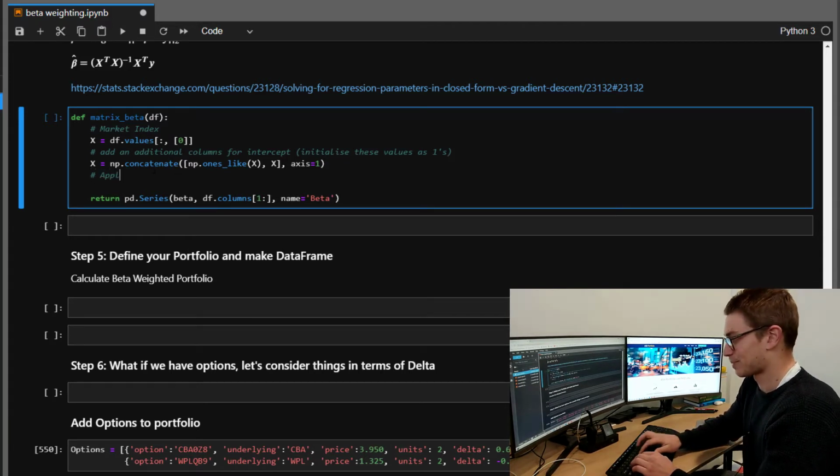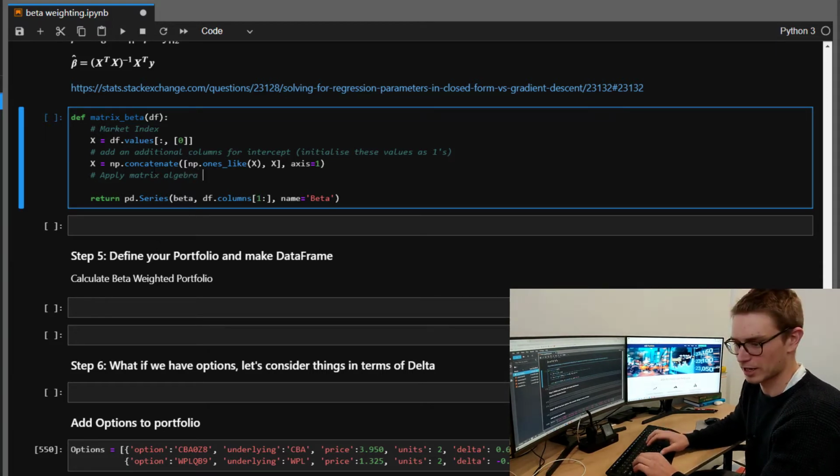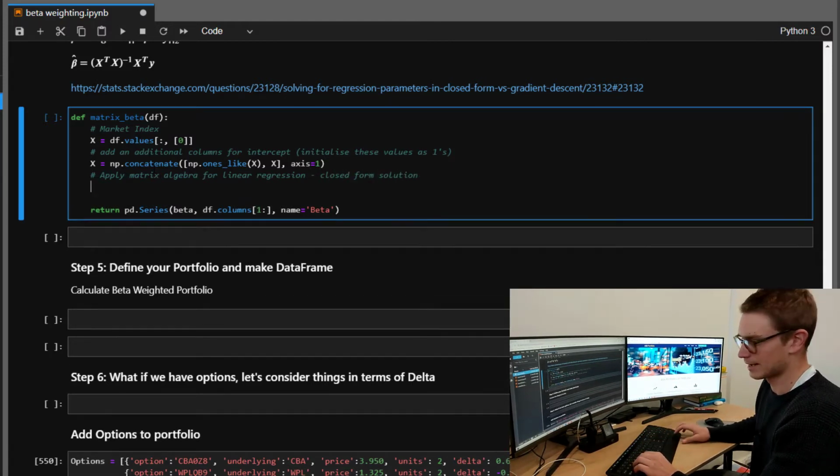Now the hardest part of all this, and we're going to do it in one line, is we're going to apply the matrix algebra. Geez, if I can spell algebra, for linear regression, closed form solution. Easy.